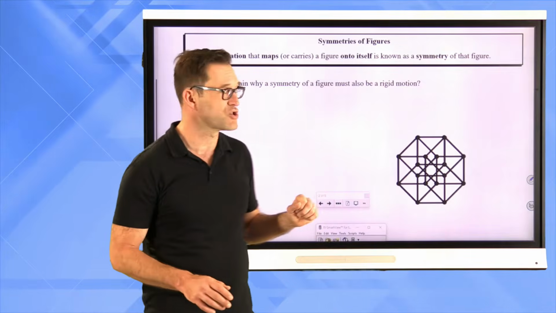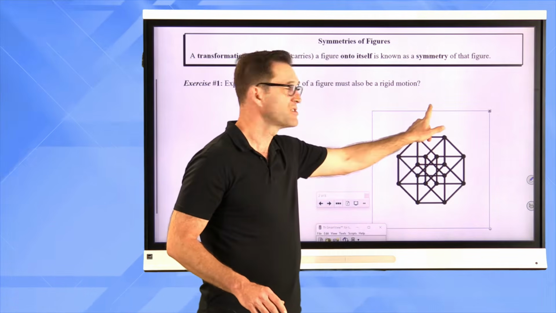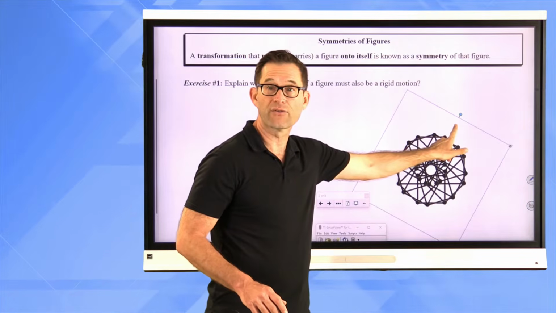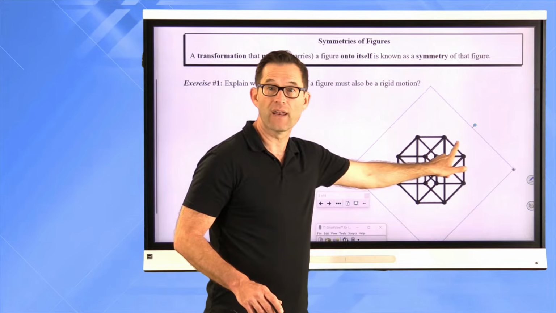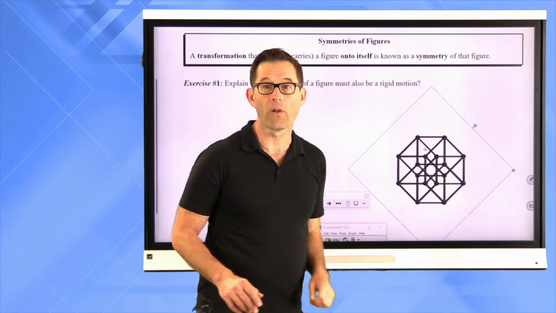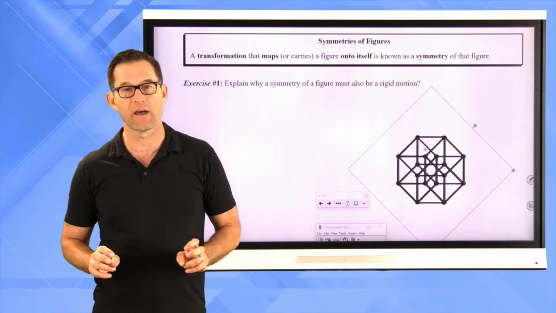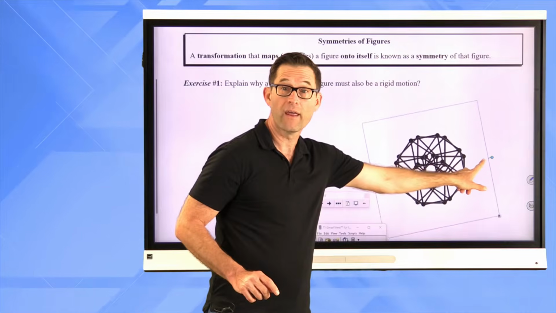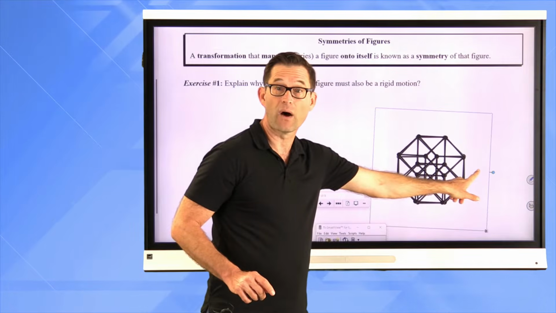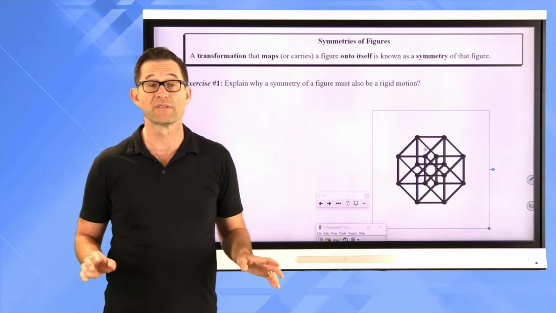Now, if I take this hypercube and I start to rotate it around its center point, eventually it ends up rotating enough that it falls on itself. It gets mapped onto itself, all right? And then I could even rotate it a little bit more, and eventually it gets mapped onto itself again. At least I'm going to try to map it onto itself.